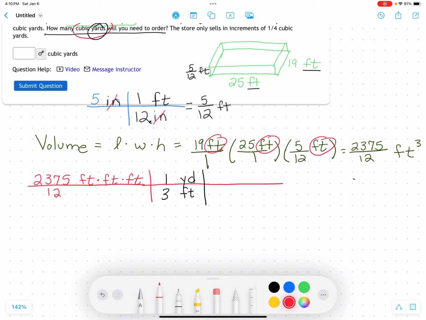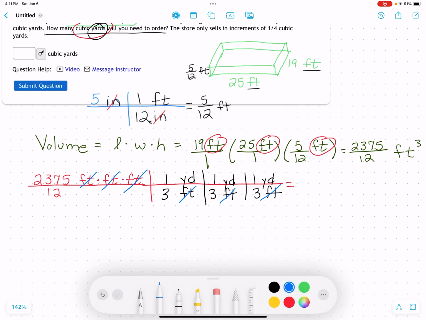If I do that, then that means this cancels with just one of these. So guess what? I have to do it 3 times. And if I do that, this foot will cancel with this foot, this will cancel with this. Notice what I have remaining is yards times yards times yards. I've got cubic yards. I can multiply straight across.